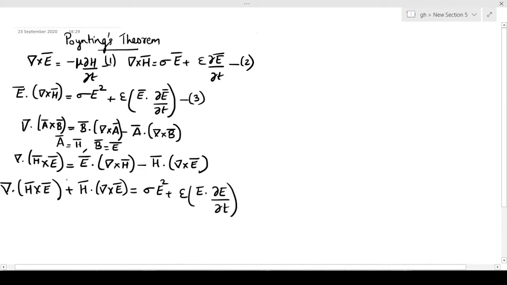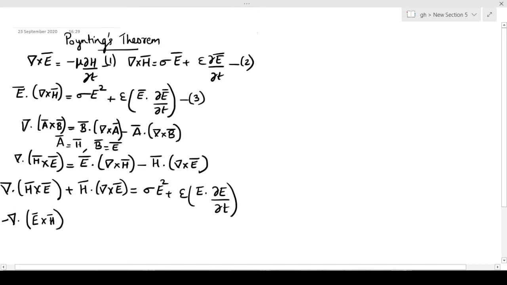Okay. Next, you can substitute for curl E. Curl E is minus mu ∂H/∂t. So you can write del dot, this H cross E can be written as negative of E cross H, because we need it in this E cross H form.